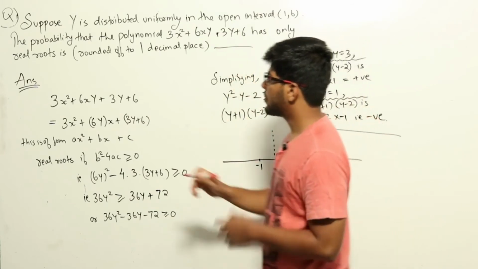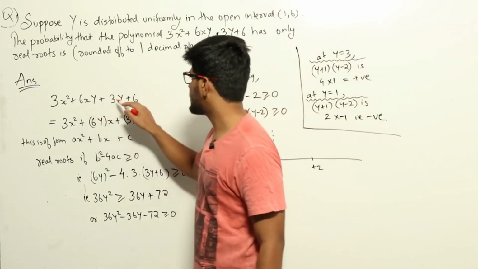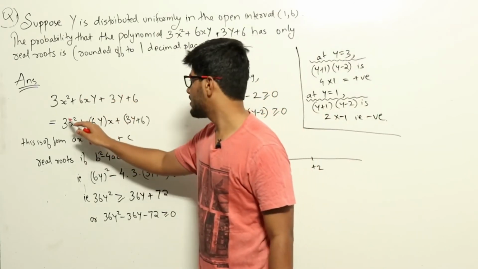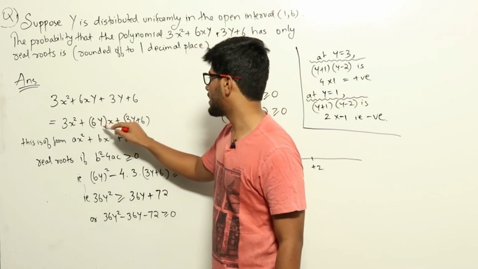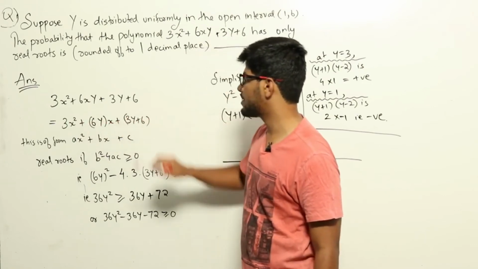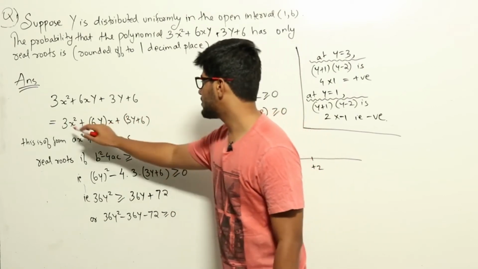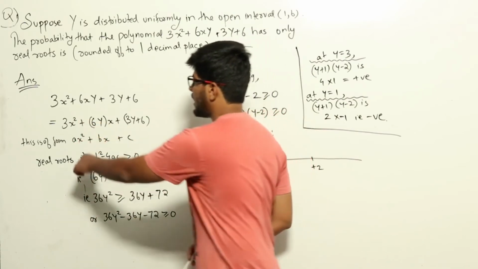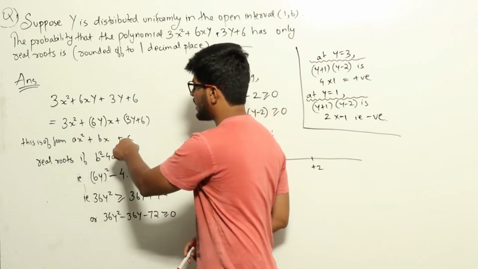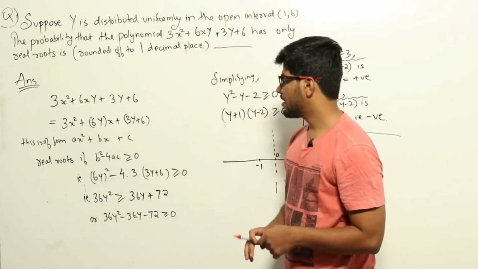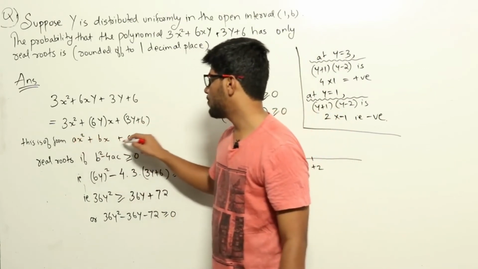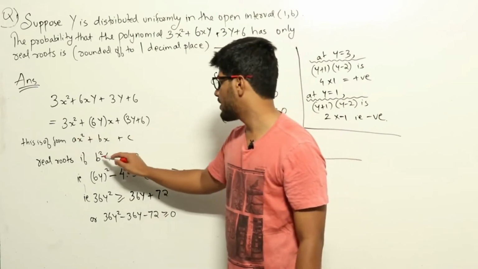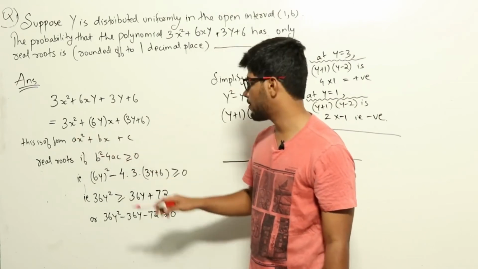Now the polynomial 3x square plus 6xy plus 3y plus 6, we can rewrite as 3x square plus 6y into x plus 3y plus 6. Now if you see, this is a quadratic equation of the form ax square plus bx plus c, where a is 3, b is 6y and c is 3y plus 6. A quadratic equation of this form has real roots only if b square minus 4ac is greater than or equal to 0.